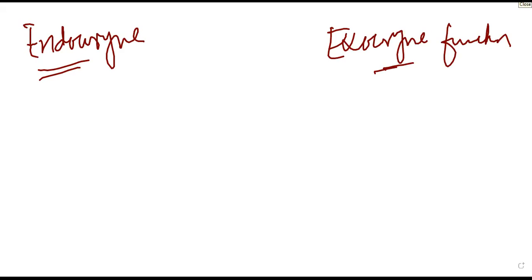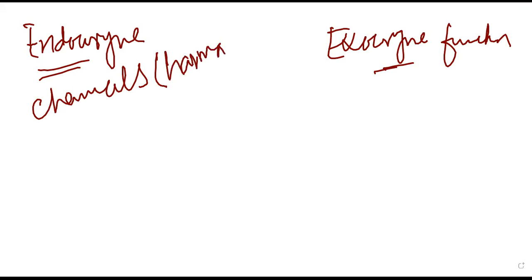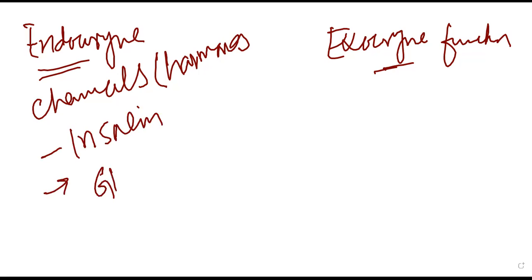The endocrine function of the pancreas is it produces chemicals or hormones like insulin and glucagon.